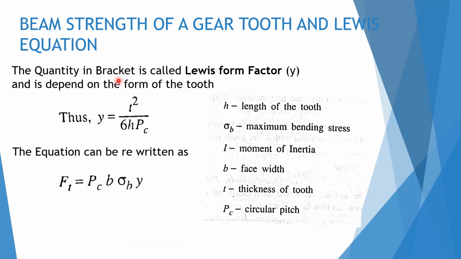This bracketed quantity is known as Lewis form factor y, and thus Lewis form factor y depends upon the forms of the teeth, because it depends upon the thickness of the teeth and height, right? Then the equation can be written as pc into b into sigma b into y. Apply this y here. So this is the equation for tangential tooth load.